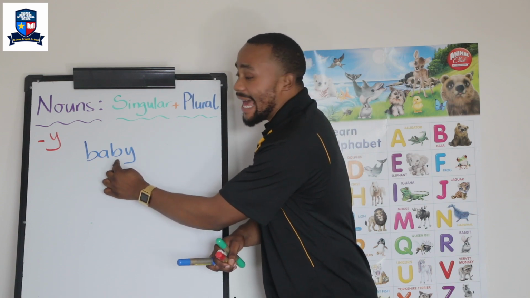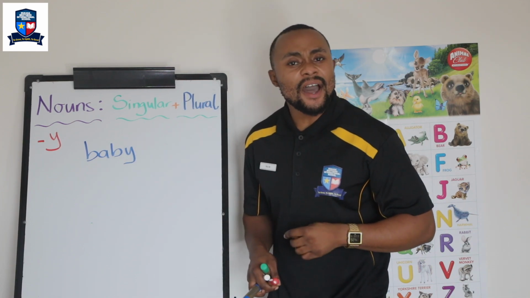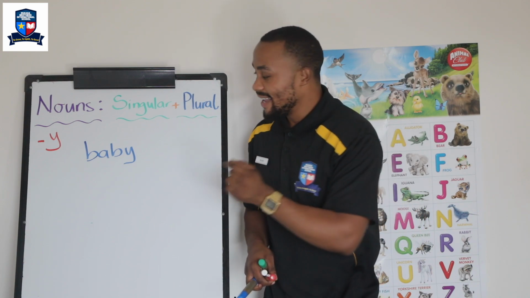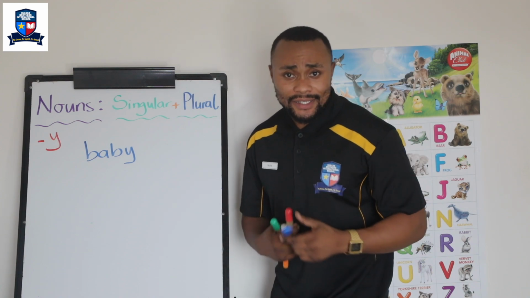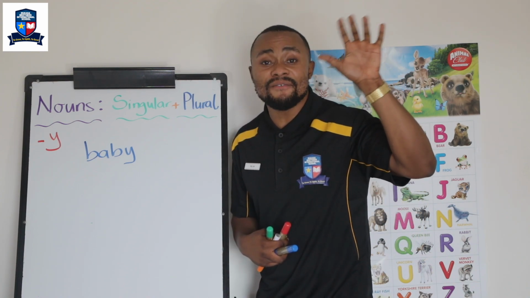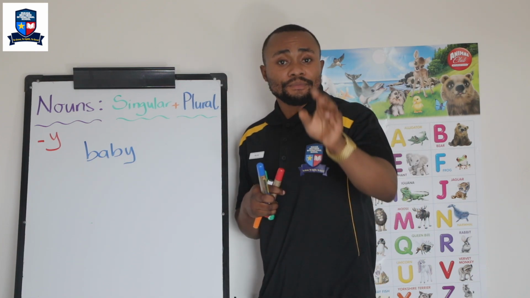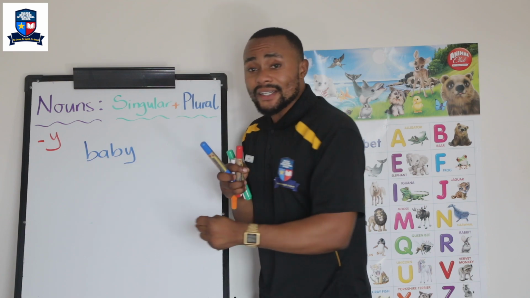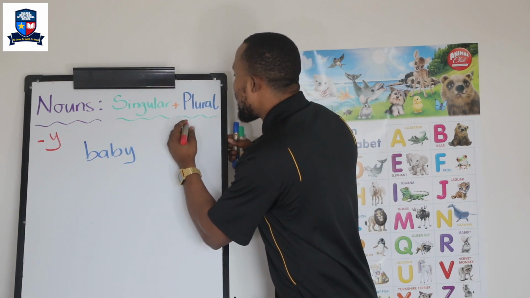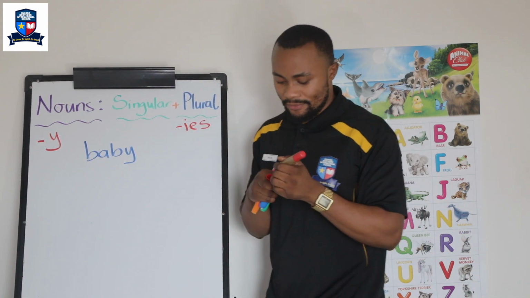But then the second last letter, which is B, what is this? Is it a vowel or a consonant? Well done. Fantastic. It's a consonant. It is not a vowel because it's not part of the five vowels. So it's a consonant. So if it's a consonant, we only have to add, remember, I-E-S at the end.